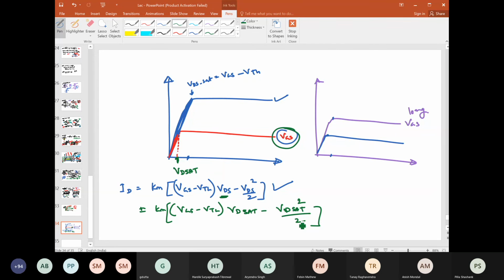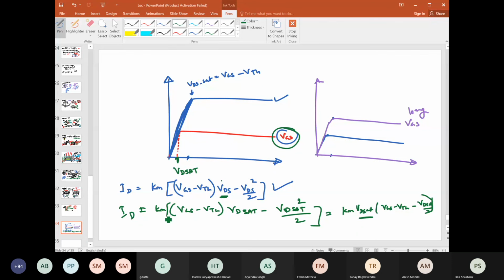Is this clear to you? Yes, sir. Now just take VD sat as common. Then it is VGS minus VTH minus VD sat by 2, then by 2 only, no square, right?